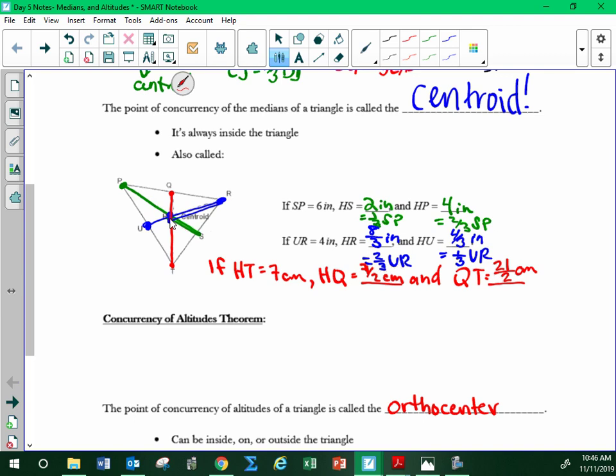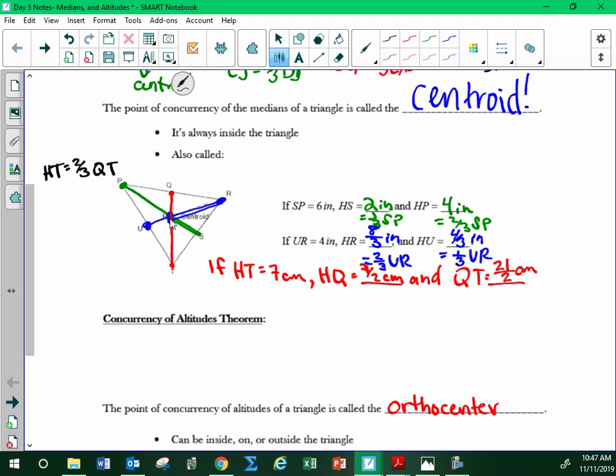Now, at this point, you could go ahead and add those together to get the 21/2. But let's think a bit back to our equations. If you don't remember those relationships, just go back to your equations. I know from my theorem that the measure HT is equal to 2/3 of the whole thing QT.